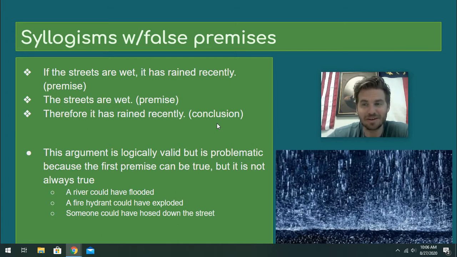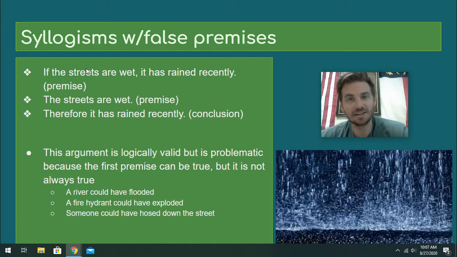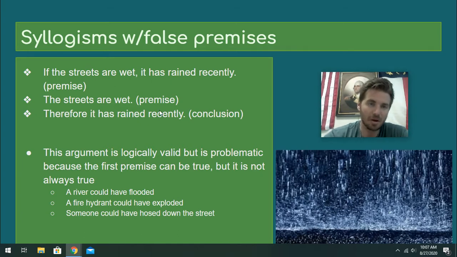And so now we have an issue, because this conclusion can be entirely different based on the reality of the situation. If it's not absolutely true, then we have to assume there is some falsity within it. So this is one of the problems.